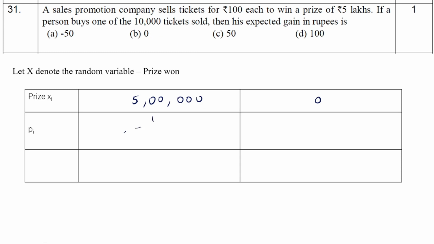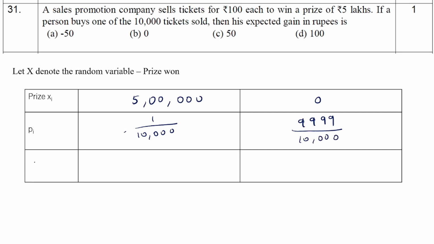So this is 1 upon 10,000. And the probability of getting a prize of 0 is 1 minus 1 by 10,000, or it is 9,999 upon 10,000.